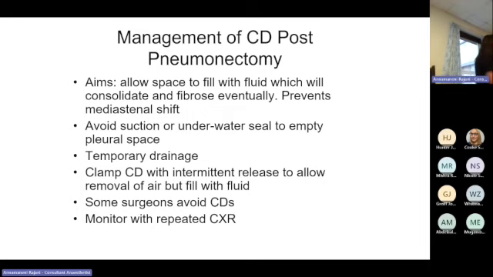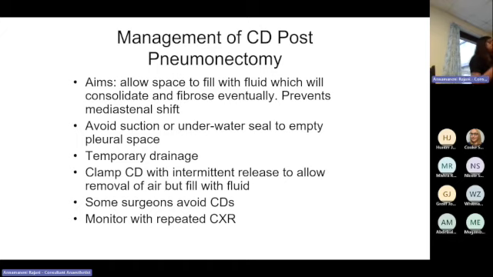That is the goal. So what you do is you've got a chest drain in. Some surgeons don't even put a chest drain in. So they're trying to fill that space with fluid, which will then fibrose and consolidate and occupy that space and not allow the lung to move across.